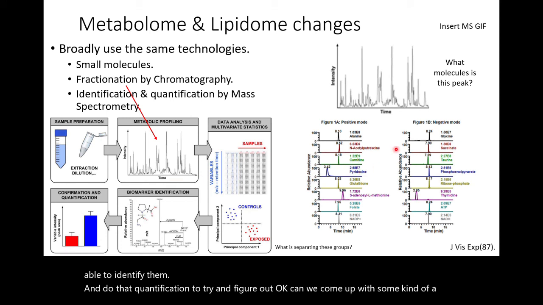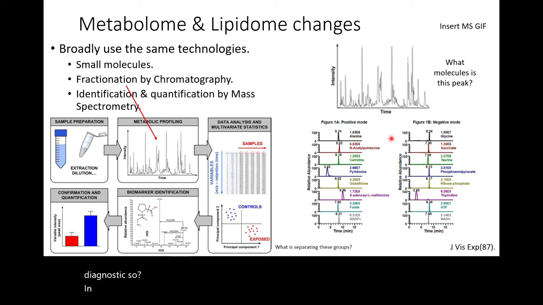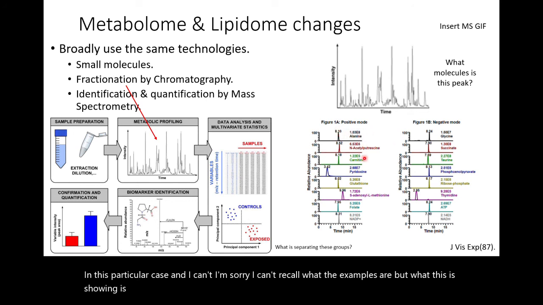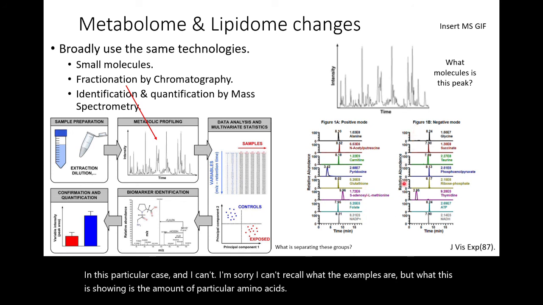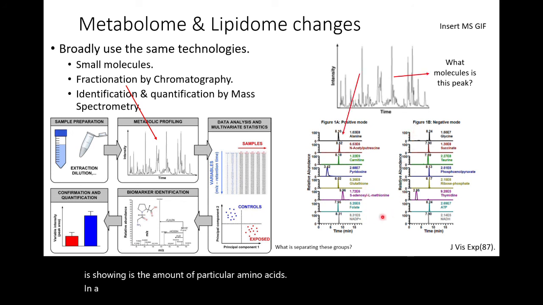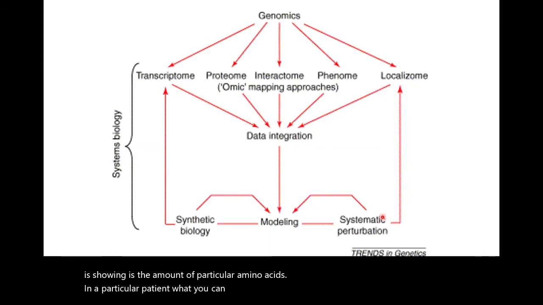So in this particular case, and I'm sorry, I can't recall what the examples are, but what this is showing is the amount of particular amino acids in a particular patient that you can measure. All of this now we can link together.